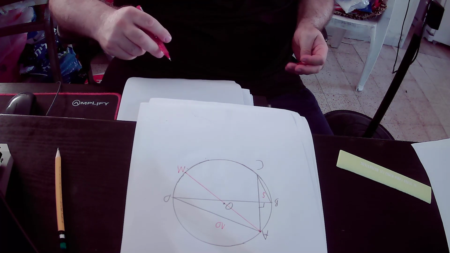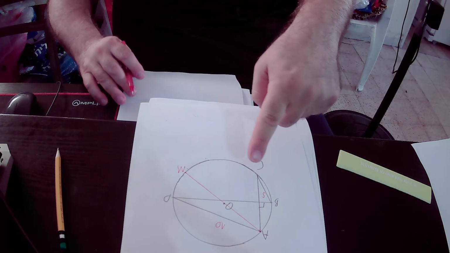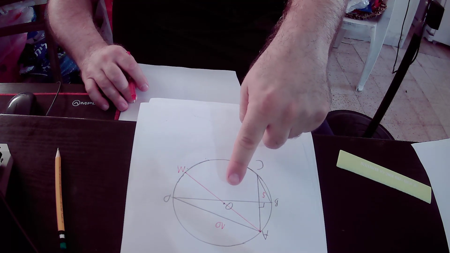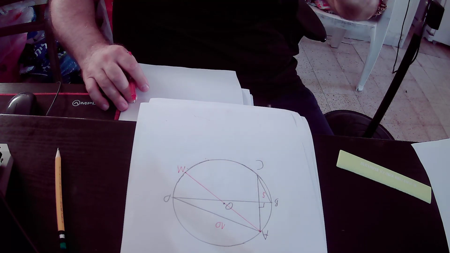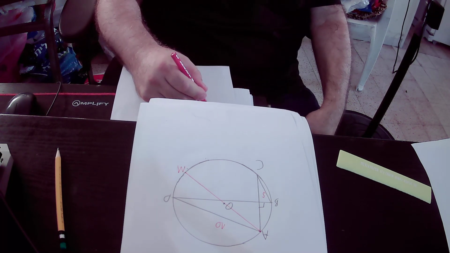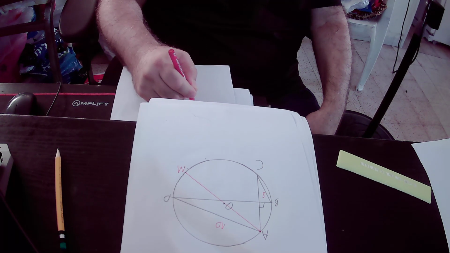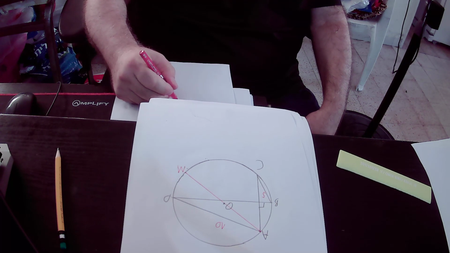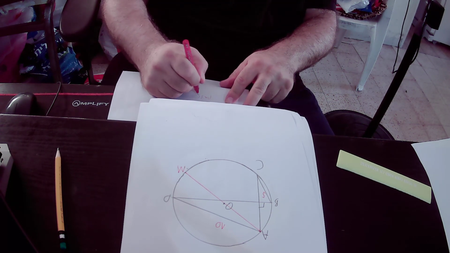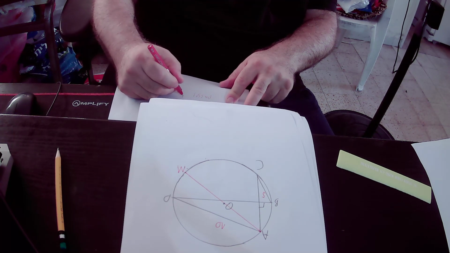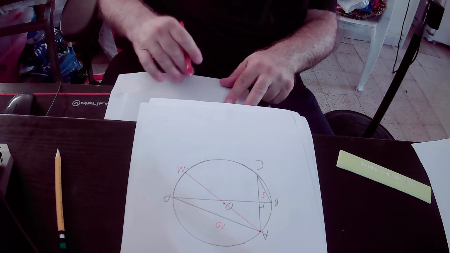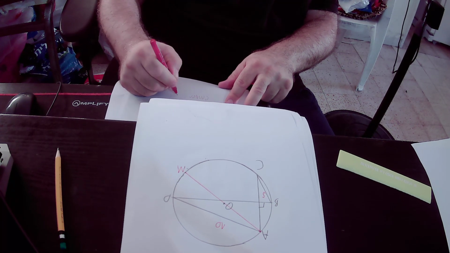Because chord AM passes through the center of the circle, that is to say, chord AM passes through point O, that is the center of this circle, it is defined as the diameter of the circle.